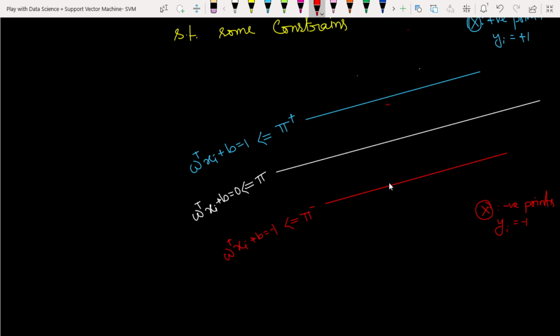Now I am taking the support vectors of our negative points, and this is our non-support vector point. Similarly, this one is a non-support vector positive point, and this is our support vector positive point. This is our support vector negative point, and these are our non-support vector positive points.